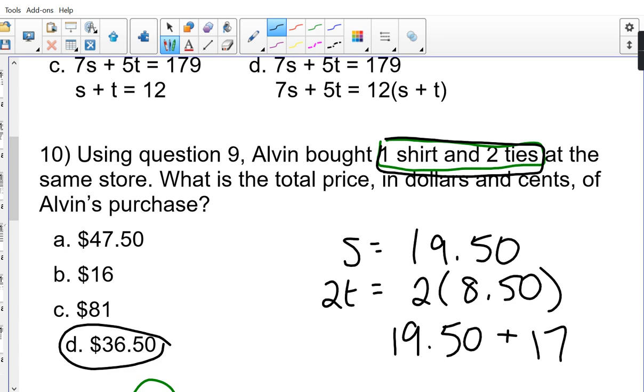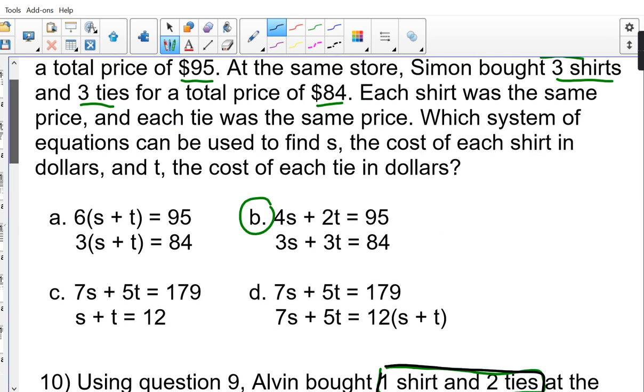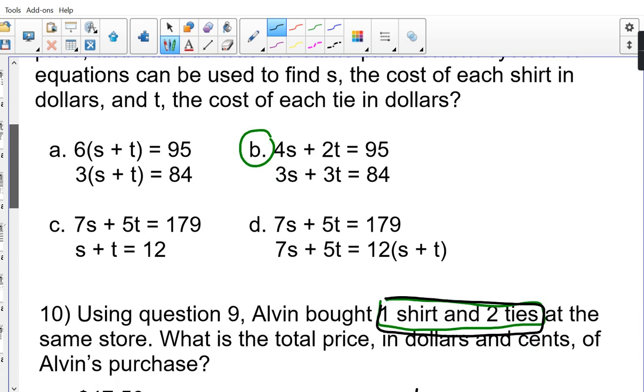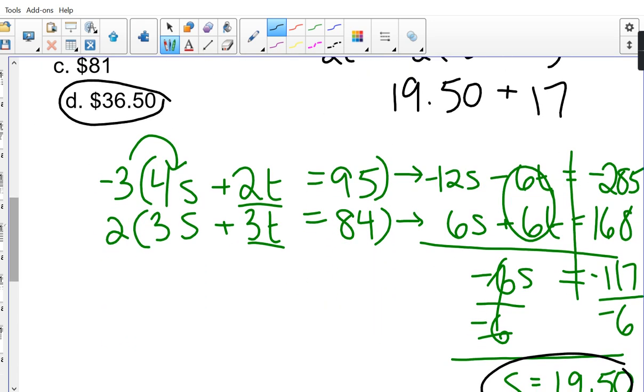A little bit of a tedious problem. I'll just go over what we did. First, we found the system of equations in question 9, and that was choice B, 4s plus 2t equals 95, 3s plus 3t equals 84. Then we did elimination. We chose two numbers to multiply those two equations so that we should be able to eliminate a variable with a 0 pair.